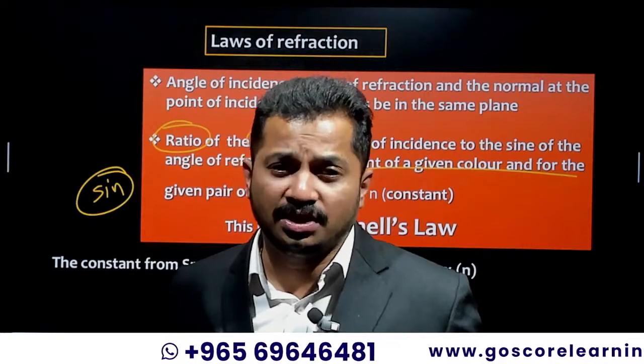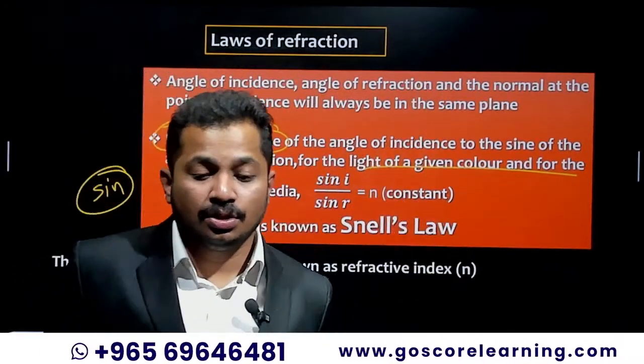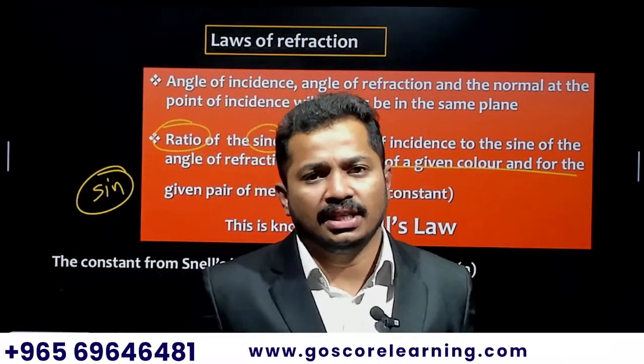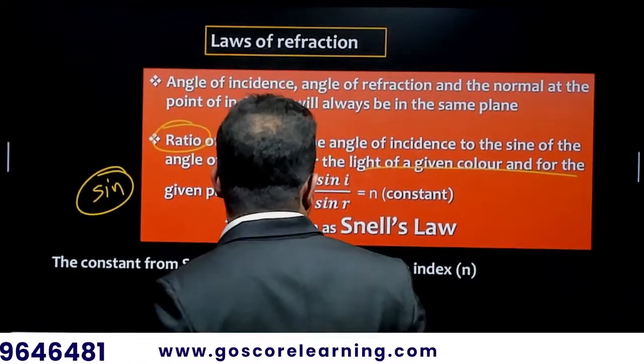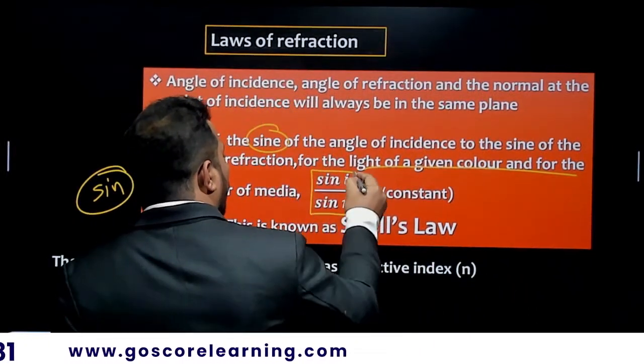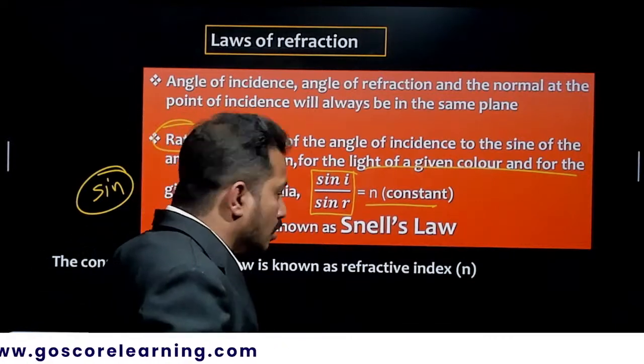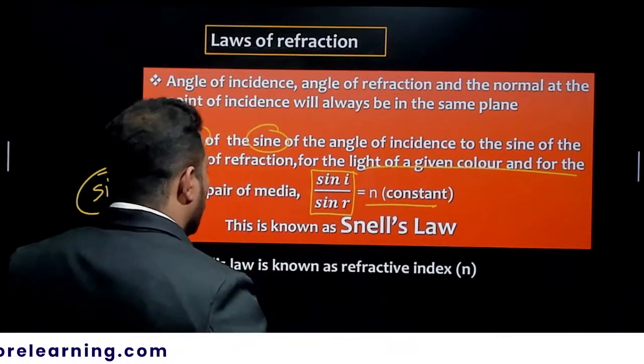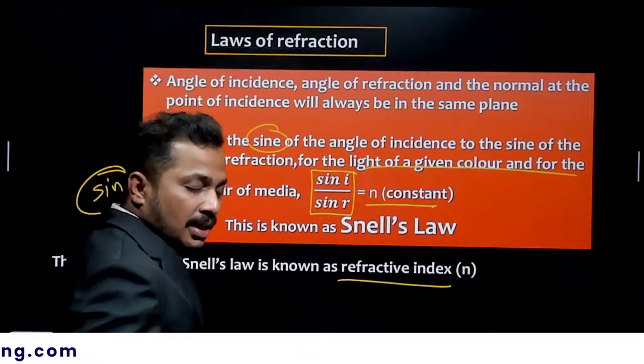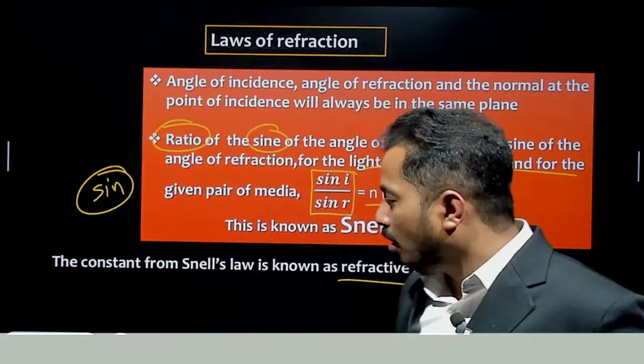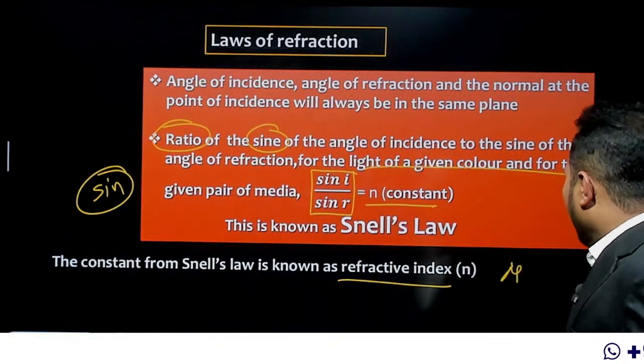The ratio of sine i by sine r is a constant. That constant is referred to as the refractive index, denoted by the small letter n, or some teachers follow the Greek letter mu.